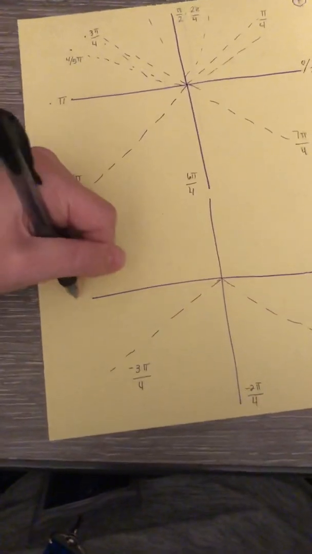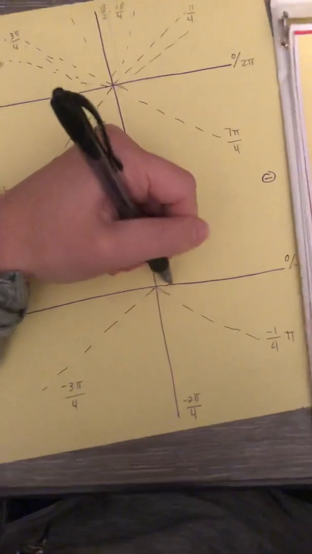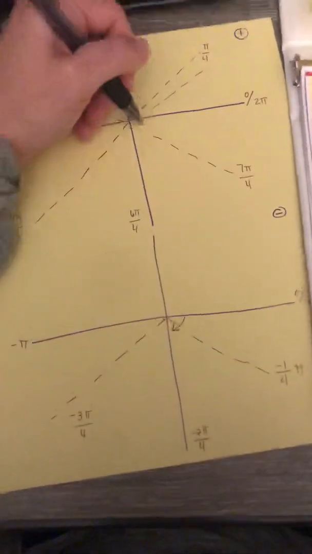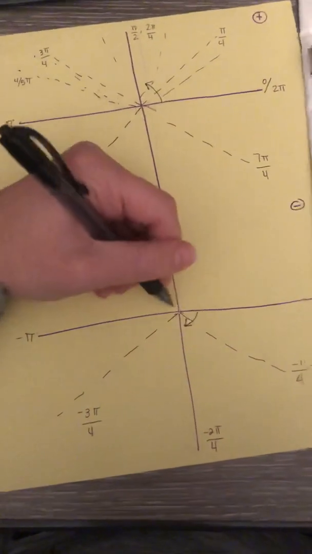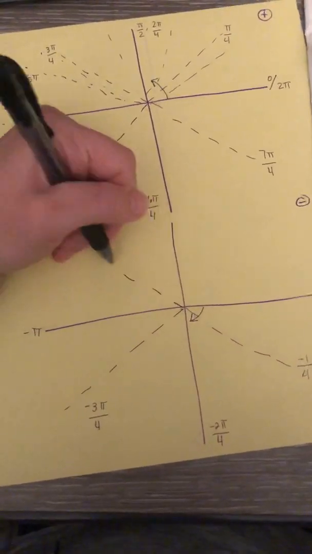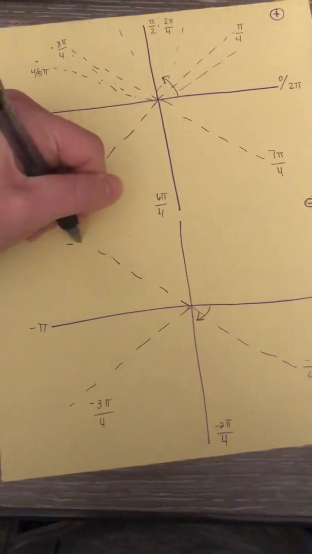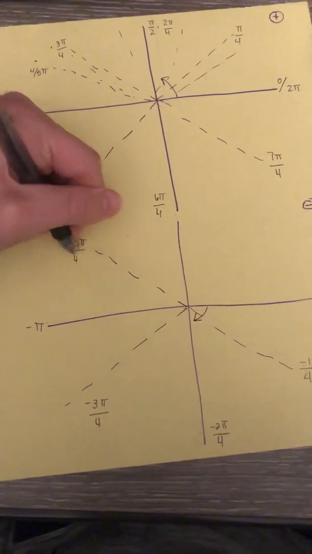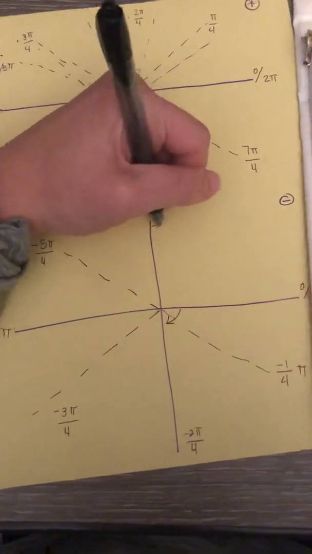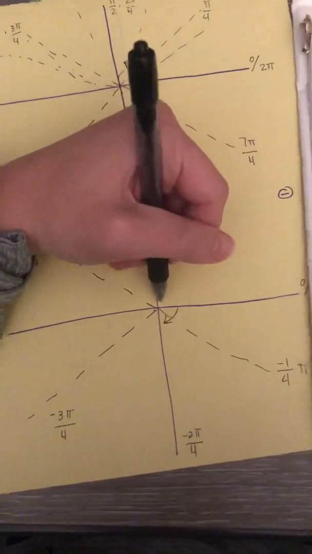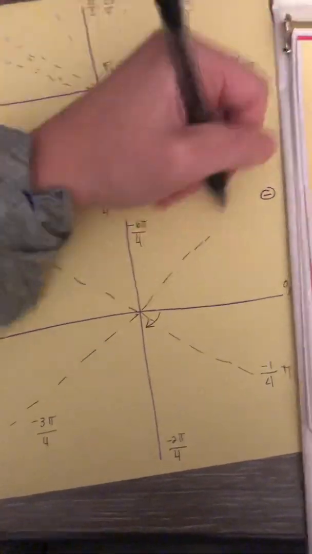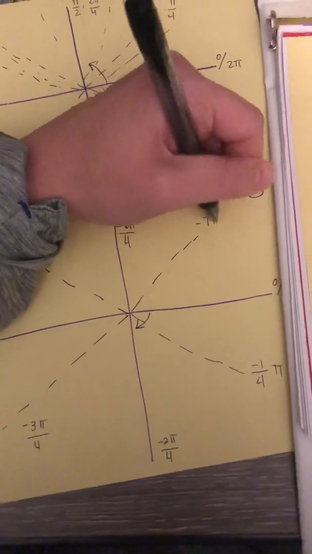That gives us negative pi. And of course, again, this is going this direction. This one was going the positive direction. And then we get negative 5/4 pi, negative 6/4, negative 7/4 pi.